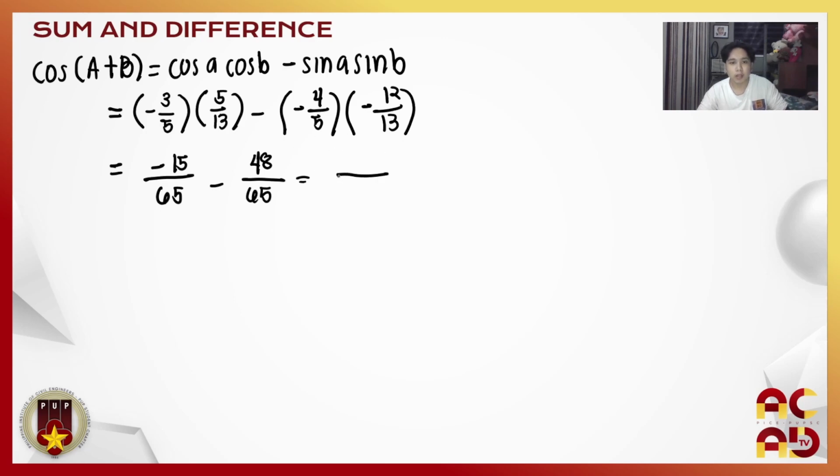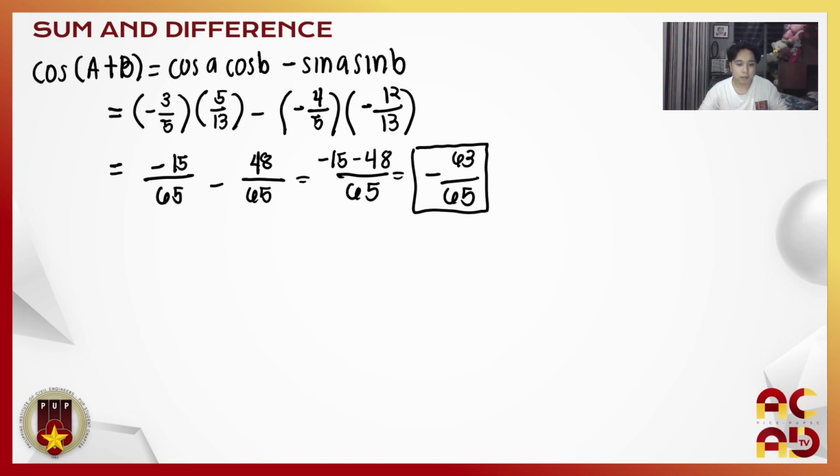Then kunin natin yung LCD. So this will be negative 15, and then minus 48. Negative 63 over 65. So that's the answer for the sum of cosine.